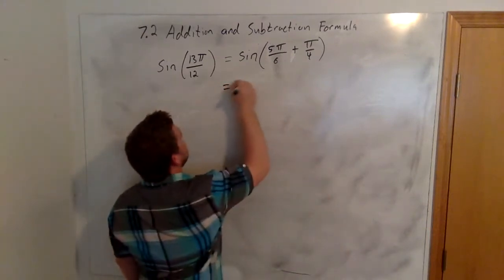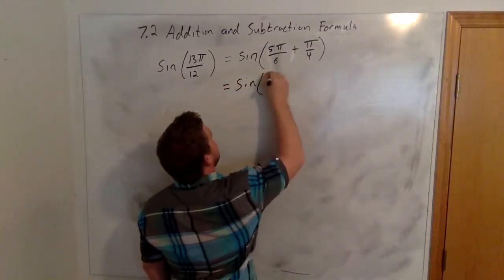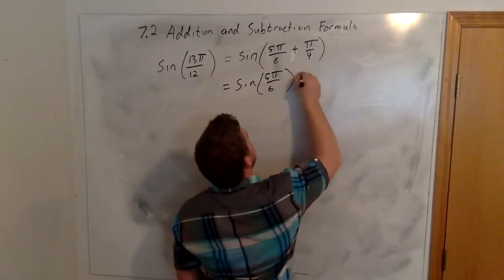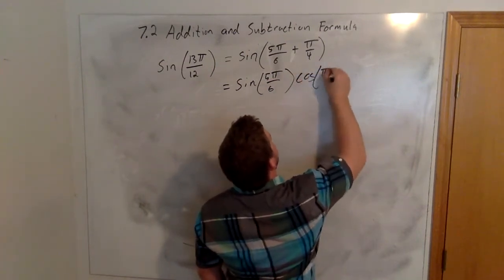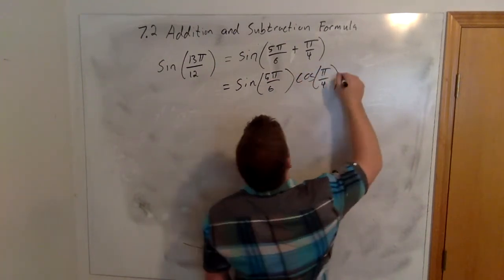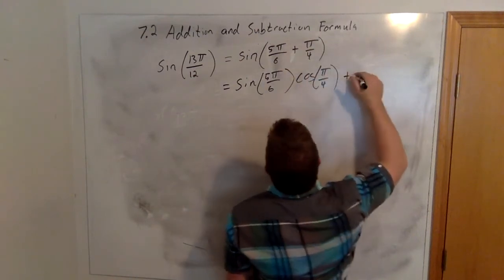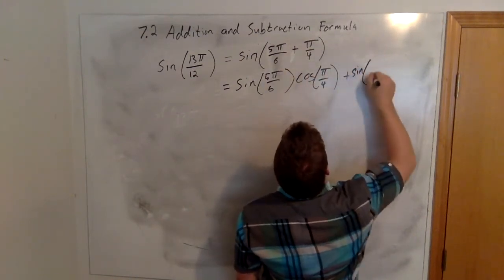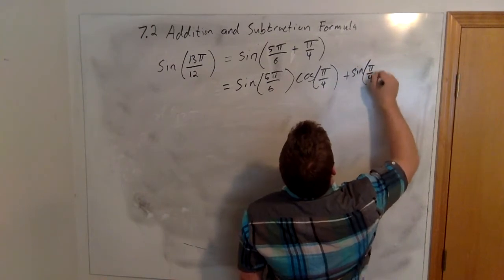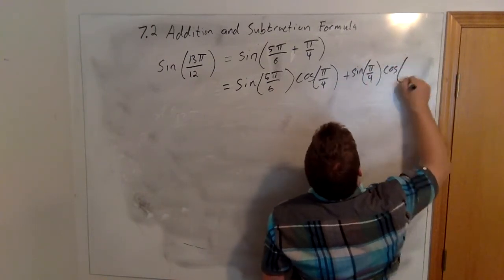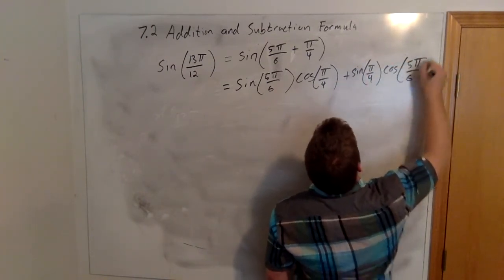So this is sine of 5 pi over 6 times the cosine of pi over 4 plus, cosine likes to follow the rules, sine of pi over 4, and then cosine of 5 pi over 6.